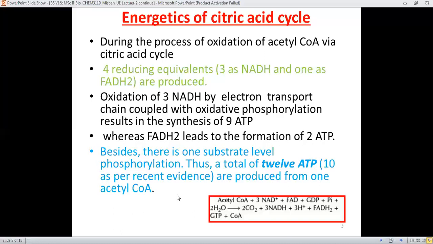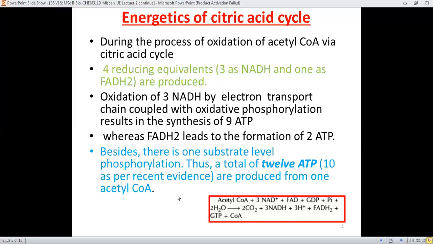The oxidation of NADH and FADH2 is coupled with the oxidative phosphorylation reaction, which results in the generation of ATP.